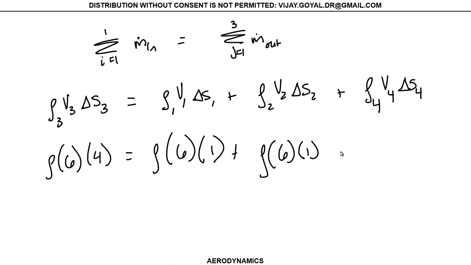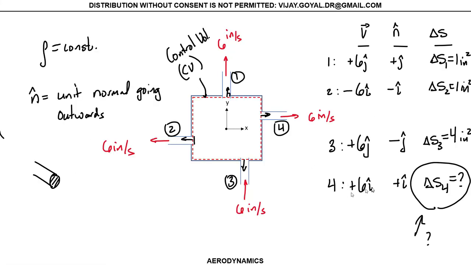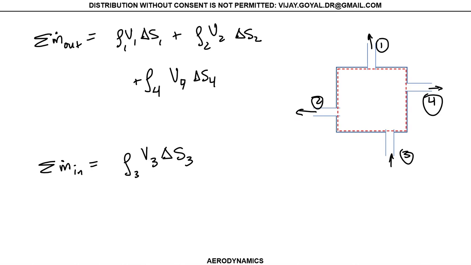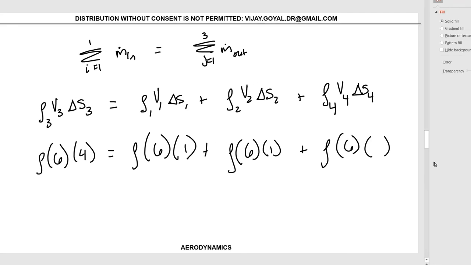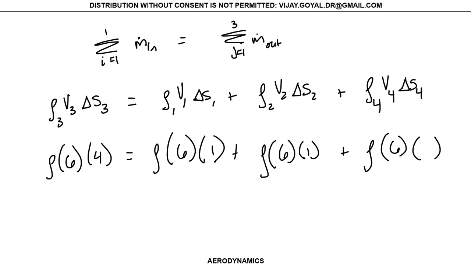And then the other part of the problem is plus, all the density is the same, V4 is actually 6, so the magnitude is 6. And delta S4 is what I'm looking for.